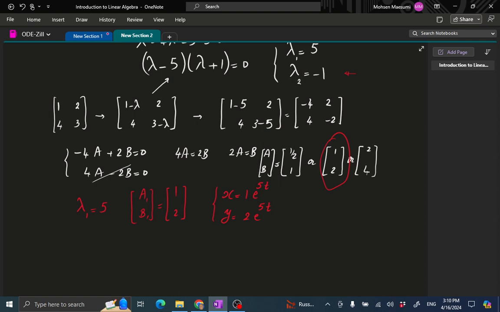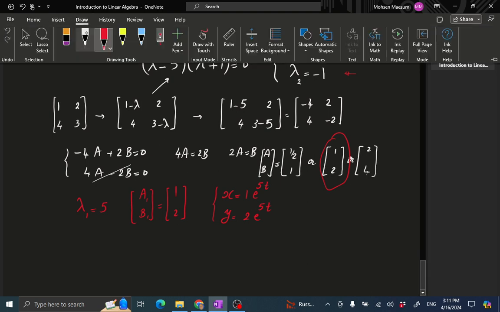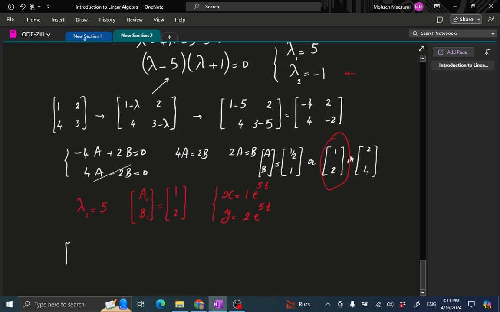So now our second eigenvalue is minus 1. Again we repeat. After you solve a few of these, the process will be much faster. 1, 2, 3, 4, 3. You remember we subtracted the lambda from the diagonal, so I'm just repeating it for the sake of practice.